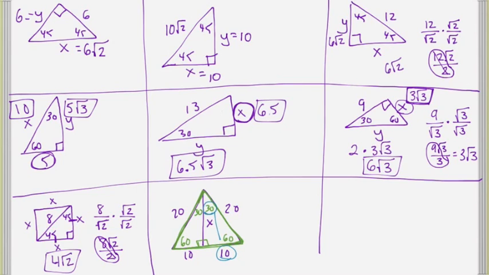Times the square root of 3. So 10 times the square root of 3. So for these, we're never going to need to simplify the square roots. Nope, what's inside of the root you won't have to.